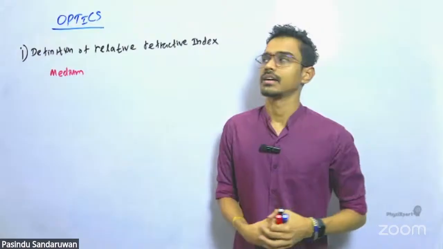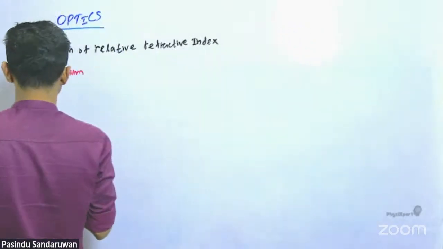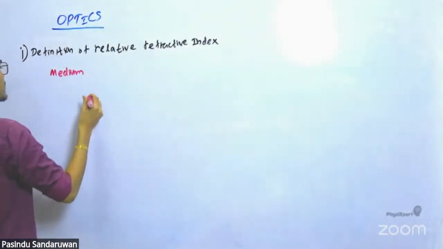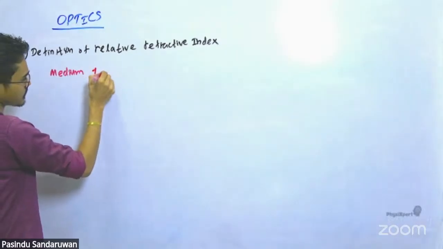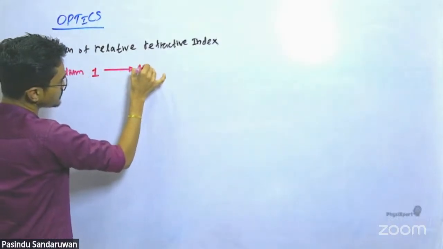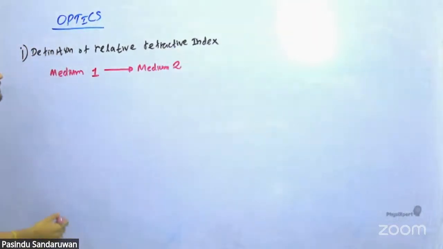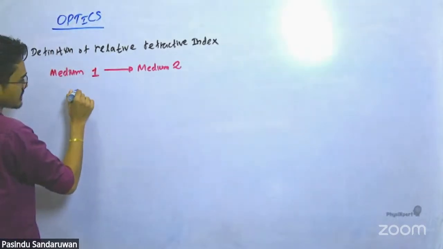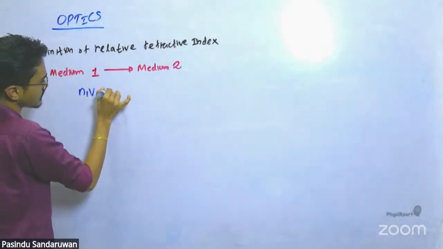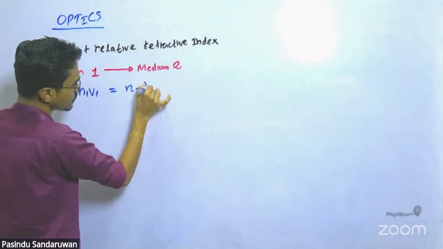Listen now. This is when a light ray travels from one medium to the other, say medium 1 to medium 2. If we apply the equation again, N1 V1 equals N2 V2.